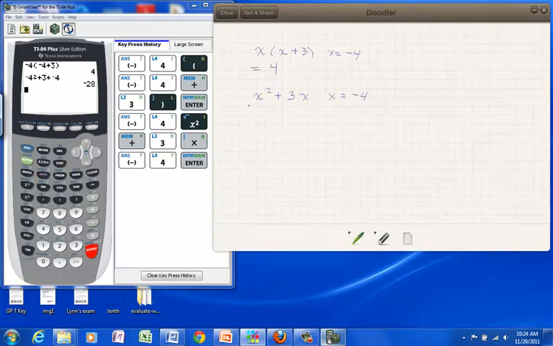So when substituting a -4, we need to use parentheses around that -4. So let's see what happens if we do that. So now every time I substitute the -4 in, I put parentheses around the -4. Notice that the exponent is on the outside of those parentheses. So let's try that on the calculator.